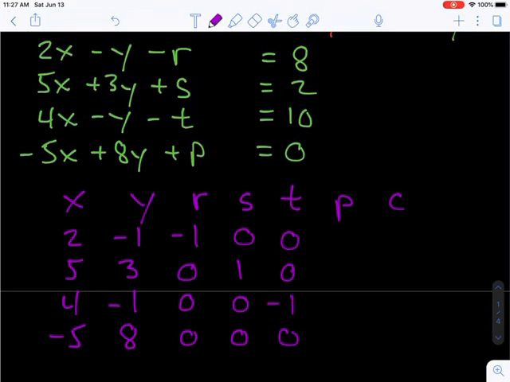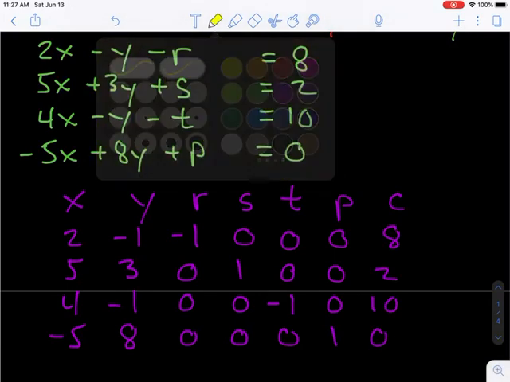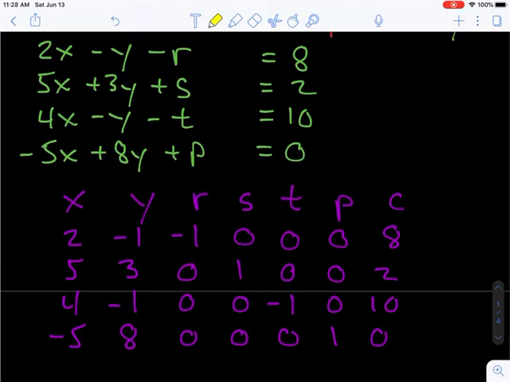And of course, P is positive, and that is in the fourth equation. And our constants, 8, 2, 10, and 0. And then finally, we want to label our active variables R, S, T, and P. So that's the initial table.